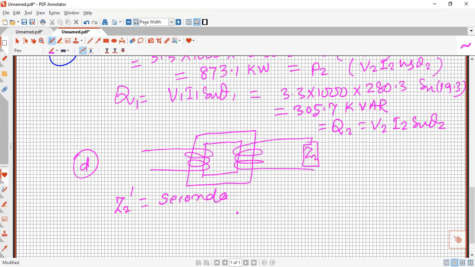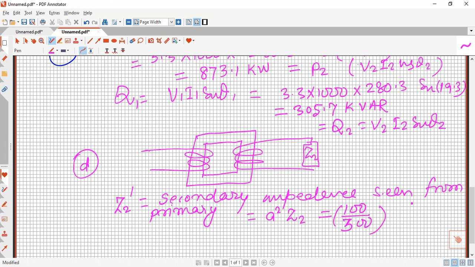Secondary impedance seen from primary. How much will it be? It will be equal to A square into Z2, and A is the number of turns on primary divided by secondary, whole square, into Z2, which is 100 plus j35.